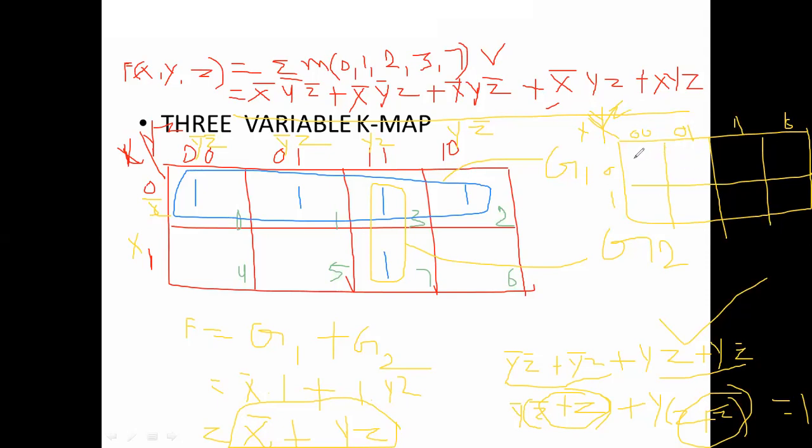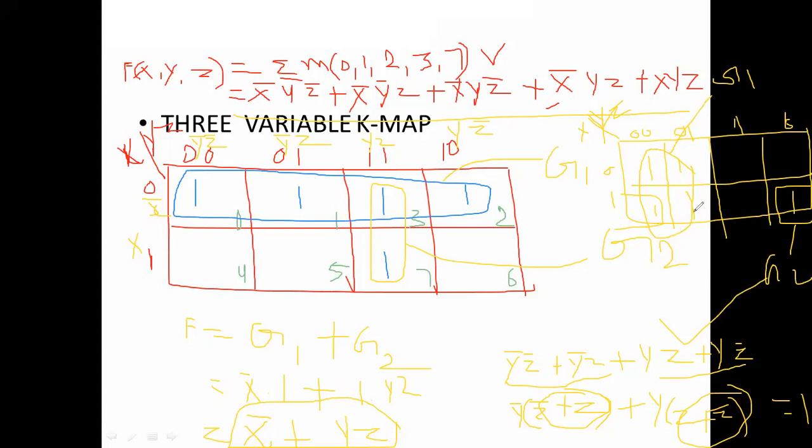Suppose in our given expression you get ones like this. Then here a quad of 4 ones is possible. Here one pair is possible, these two ones become a pair. This is group 1. These two combinations belong to group 2. Now the answer is group 1 plus group 2.